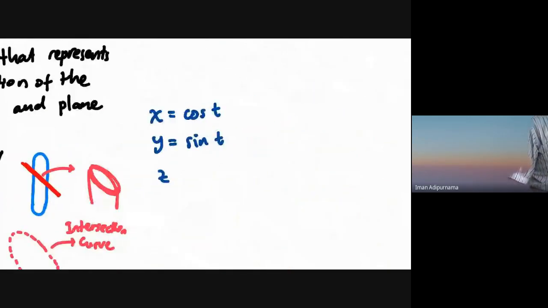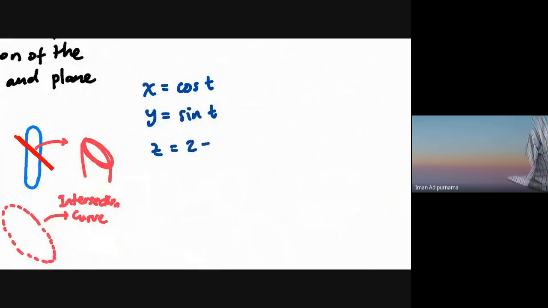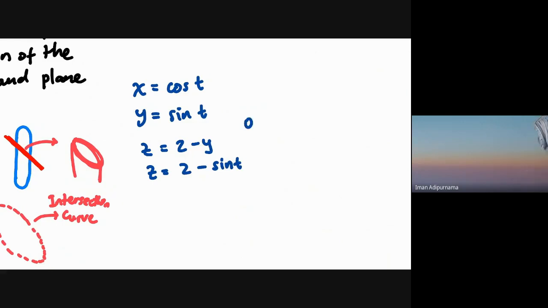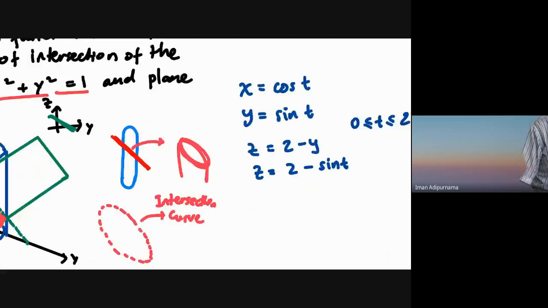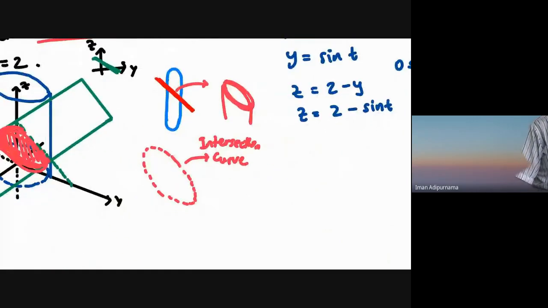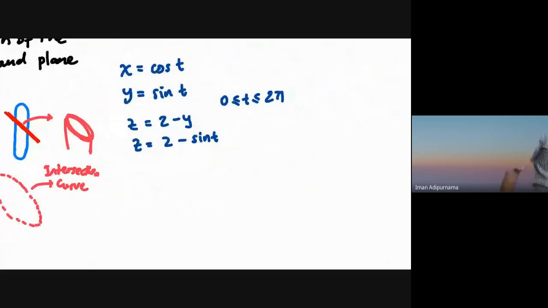So z is 2 minus y, and y is our sine t. So z is 2 minus sine t. And all with t from 0 to, let's say, 2 pi, because it's circular like a circle, right? So we restrict the angle until 2 pi.